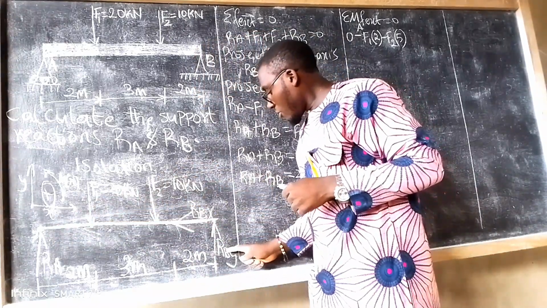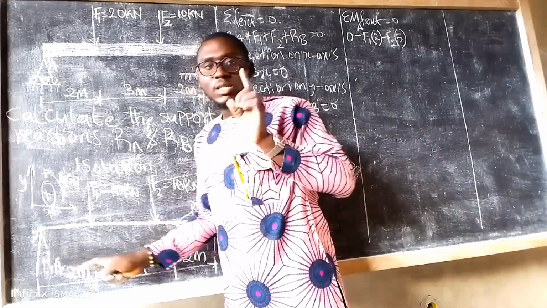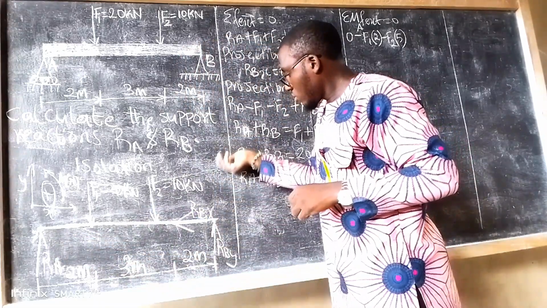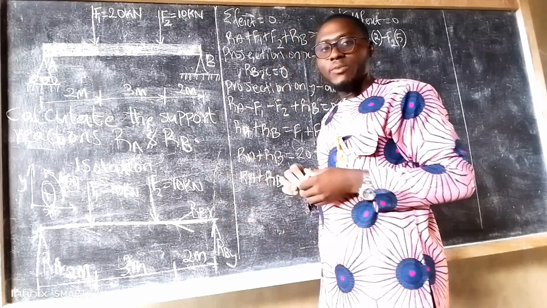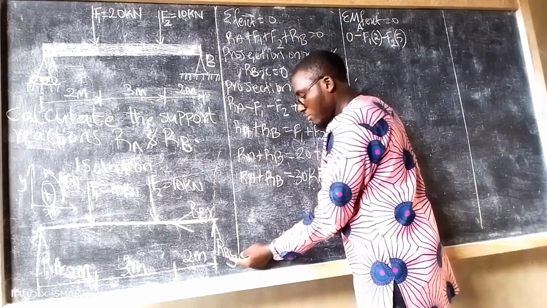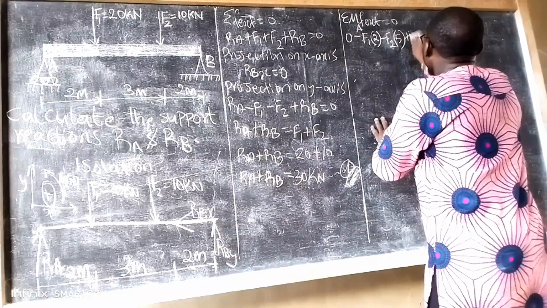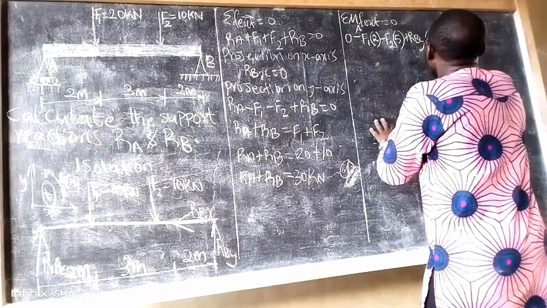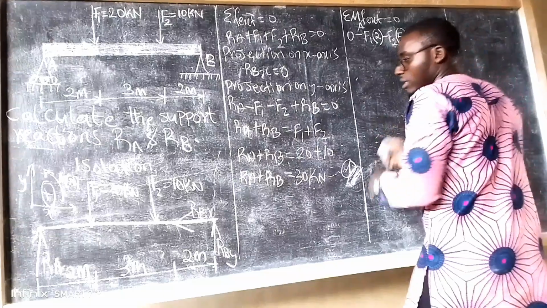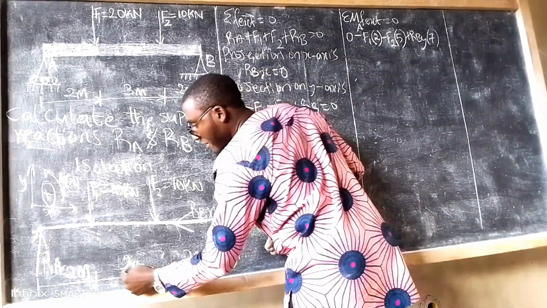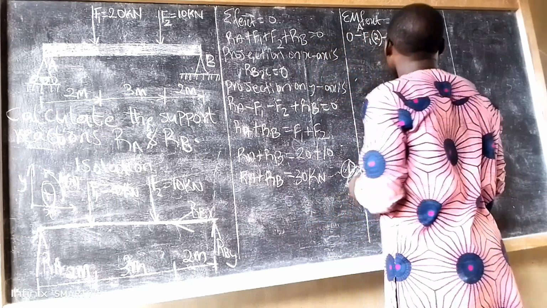But the moment of RBY about point A is not 0, because the line of action of this force goes up like this. Are we together? So we have plus RBY into 7. It is 7 because we are taking 3, 2 plus 3, 5, 5 plus 2, 7.